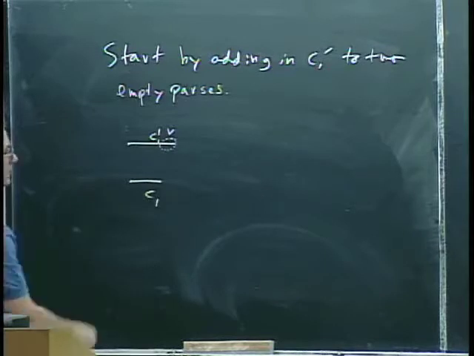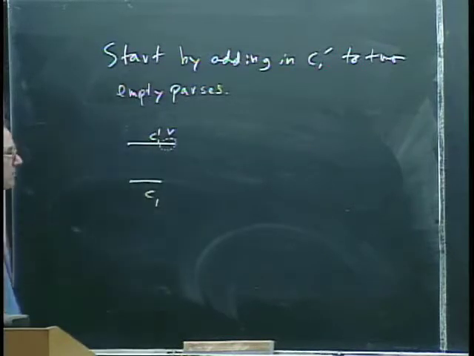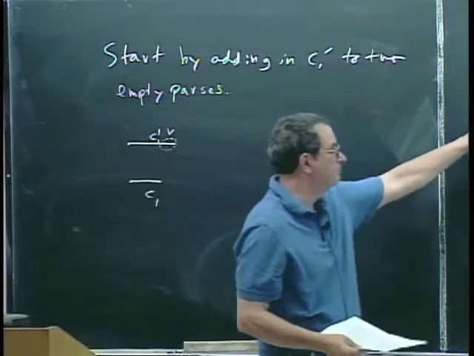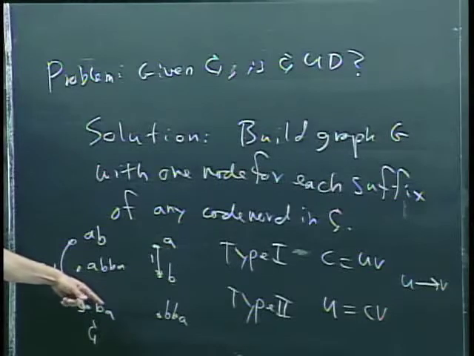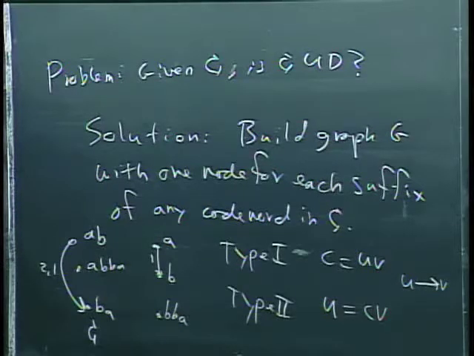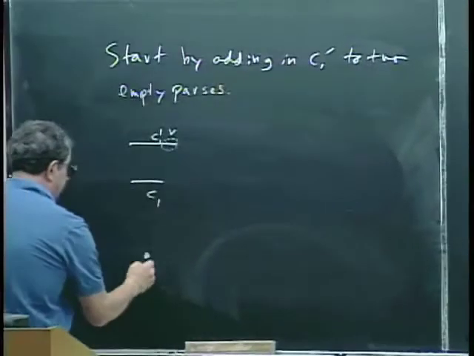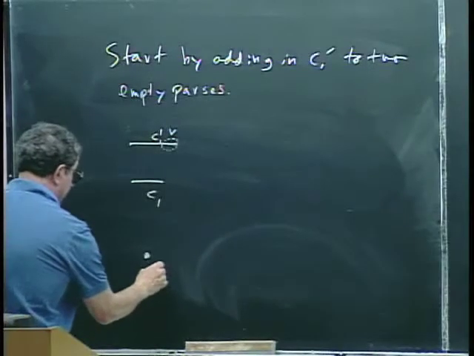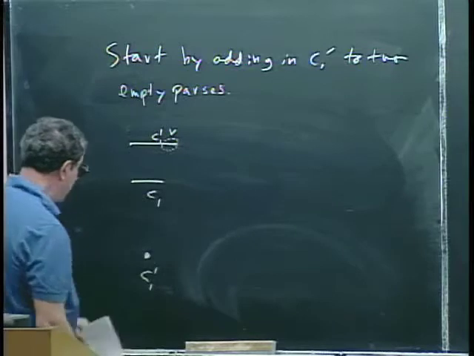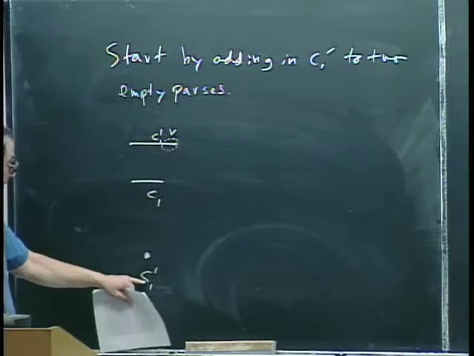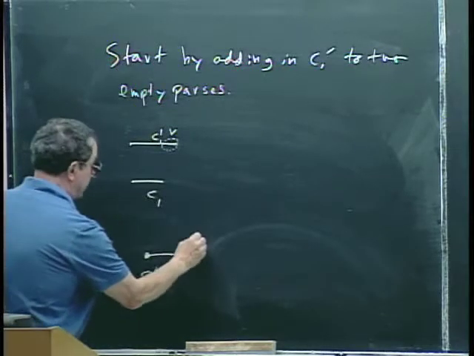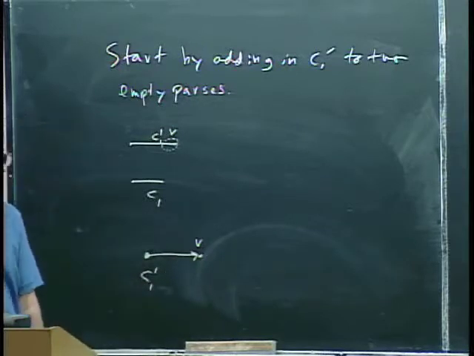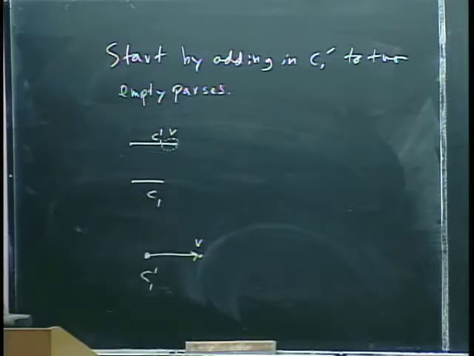So I want to see from here that there is a path in the graph G that goes from a node representing a code word to a suffix of a code word, under either type 1 or type 2 rules. Let's see if this works. Consider the node that represents the code word C1 prime, and maybe I want it to go to V. Is there an edge in the graph that looks like that?